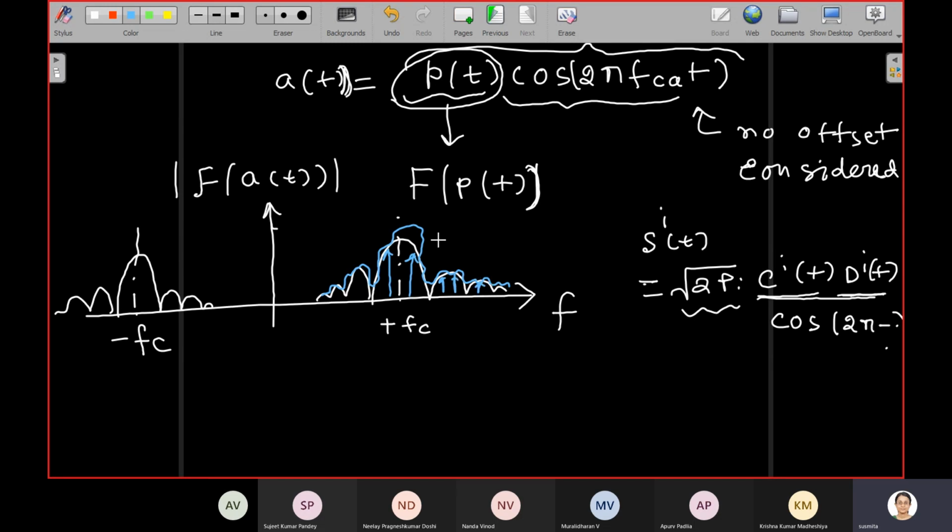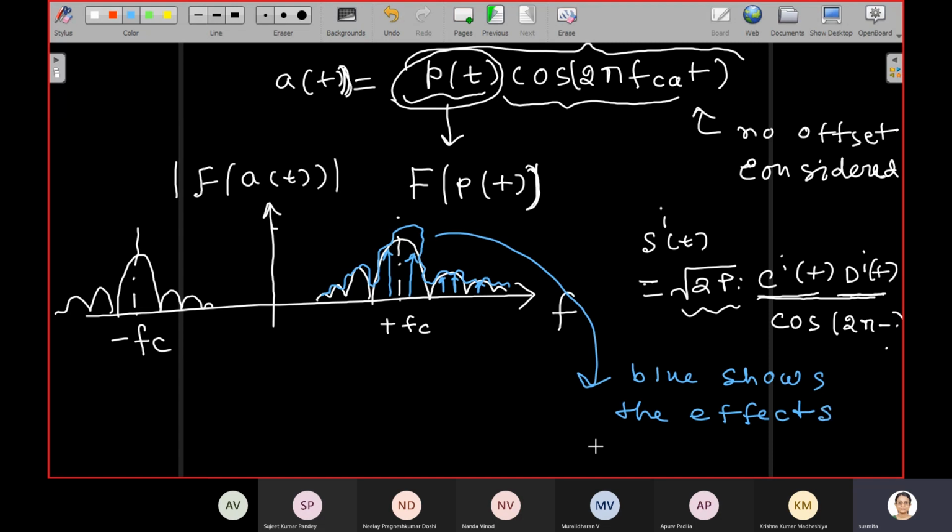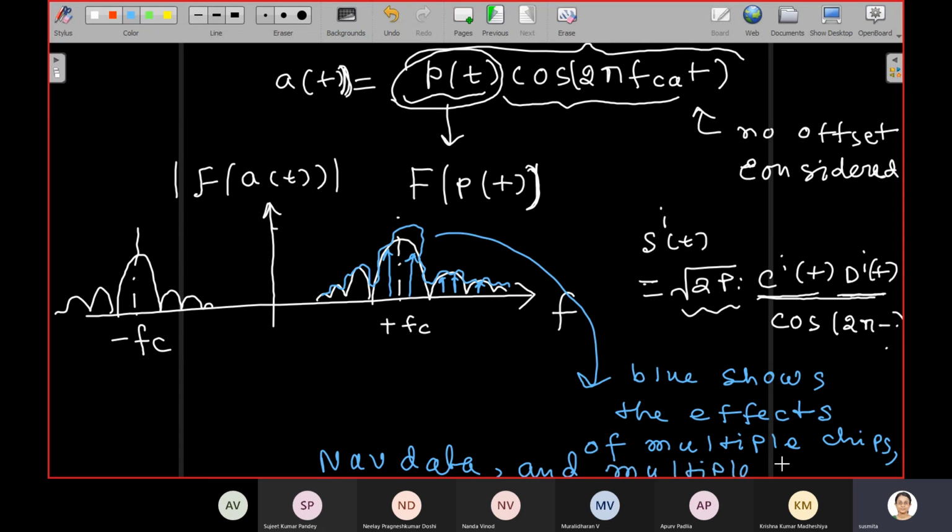So the blue shows effects of multiple chips, nav data and multiple code periods.